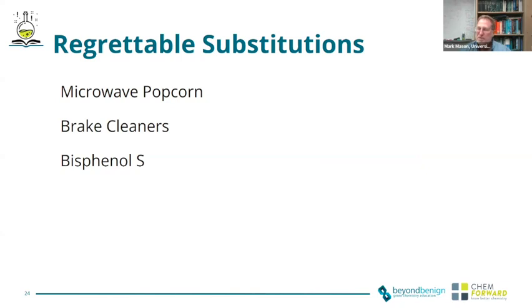The brake cleaner example, where chlorinated organic solvent was replaced with hexane, and the hexane, of course, was later found to be metabolized in the body to a neurotoxin, right? So a regrettable substitution. And then you've all heard about bisphenol A. Well, people replaced bisphenol A with derivatives bisphenol S and bisphenol F, which have the same problems as bisphenol A, right? So the problems weren't solved. But there's more details in the slide deck.